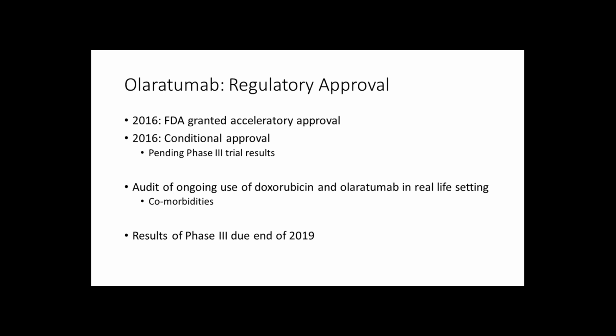So that's a really good question. I think based on the phase 2 data and the fact that leiomyosarcoma was the most common histological subtype, I think clearly leiomyosarcoma is a subtype that really benefited from the drug in the phase 2 trial.